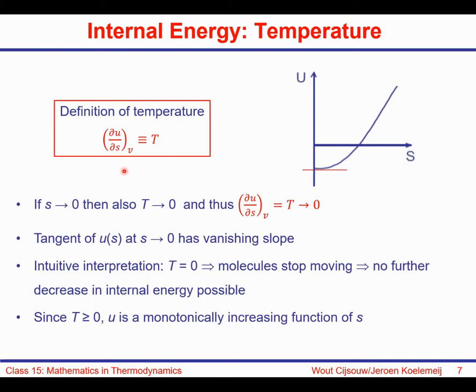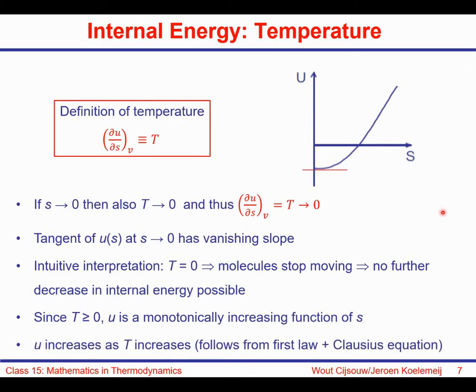We also know that the temperature is always larger than 0, and because of that, this partial derivative is always positive, and that implies that U, as a function of S, is monotonically increasing.